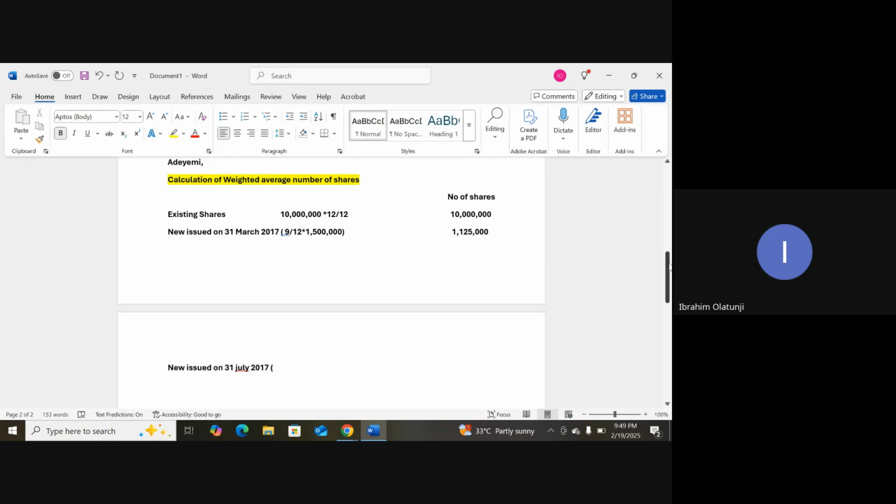Then if you are prorating that one, based on my explanation now, how many months are you prorating? 5 months, correct. So 5 divided by 12 multiplied by the number of shares, because July has gone, you start from August, September, October, November, December, 5 months.